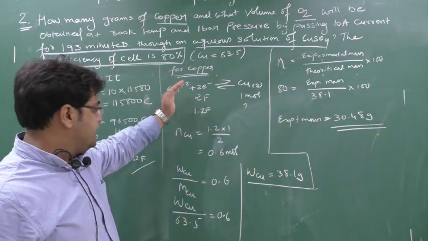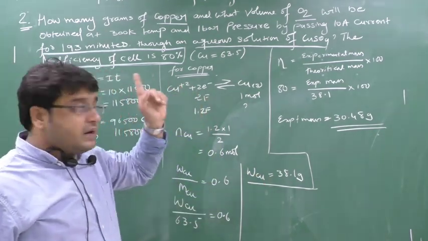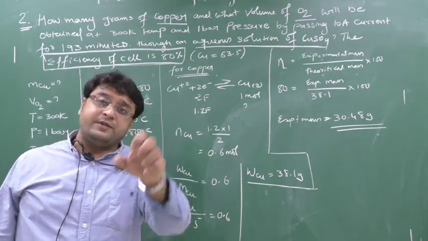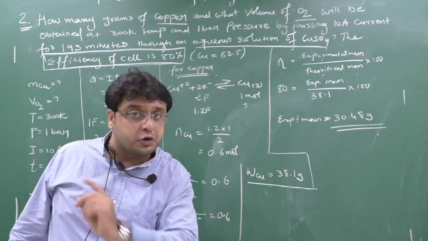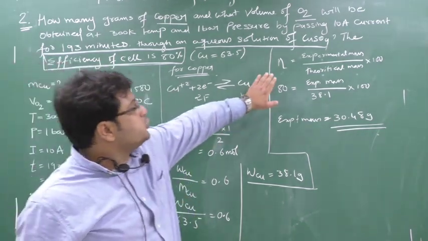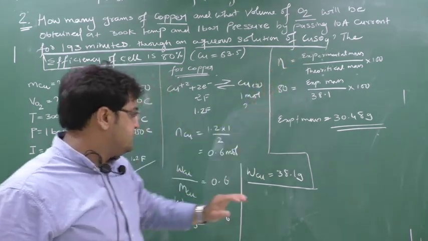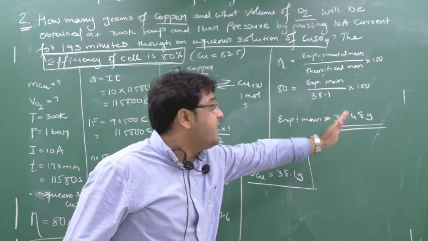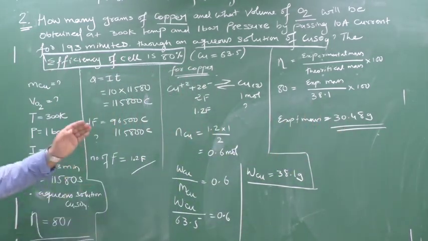The mass we calculate using the formula is the theoretical mass, but whenever efficiency is given, the question expects you to give the answer for the experimental mass, not the theoretical mass. So use the formula eta equals experimental mass by theoretical mass. This is your net and final answer, not the earlier one. Clear? So this is for the copper.